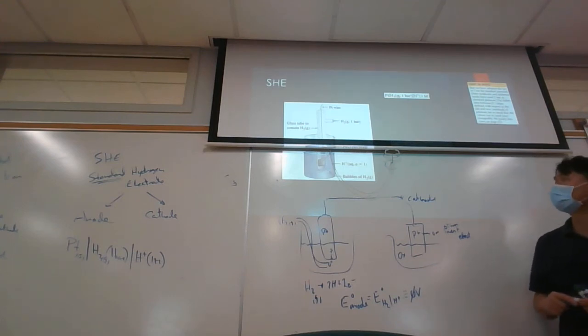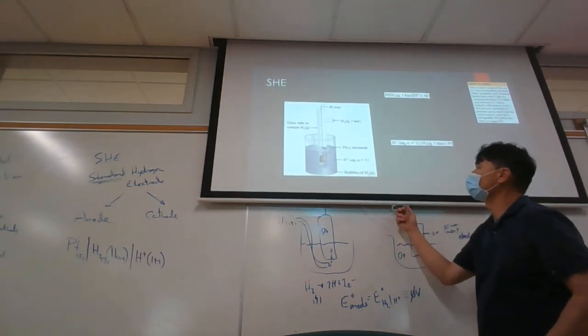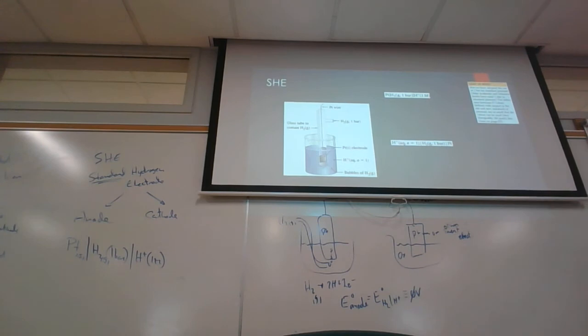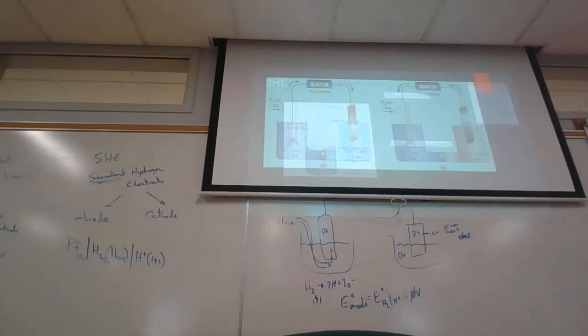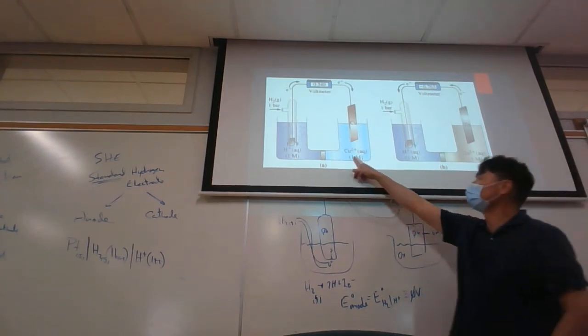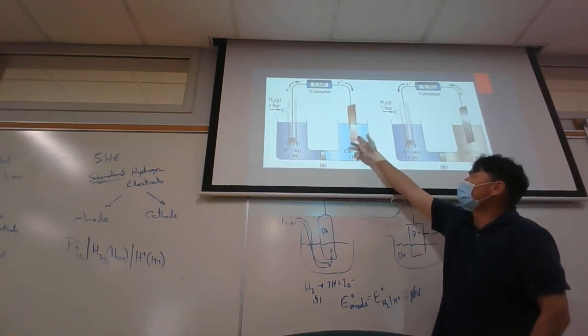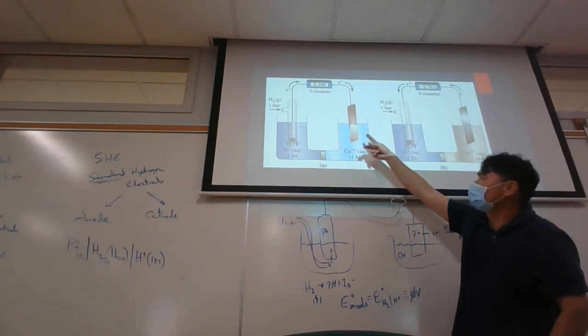And so let's take a look at that here. So in this case, the oxidizer is copper 2. So the copper 2 is trying to oxidize copper metal. It's not going to be successful. You're going to try to oxidize copper wire. It's not going to be successful.